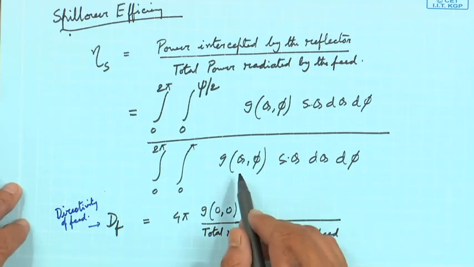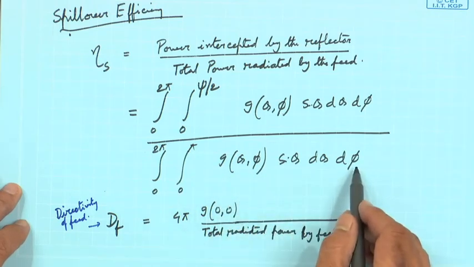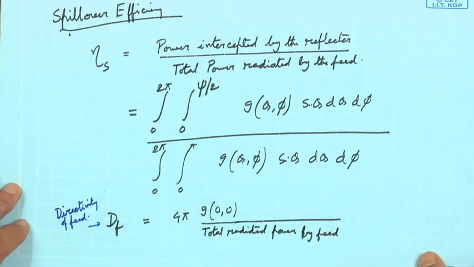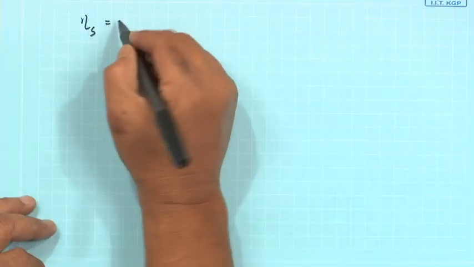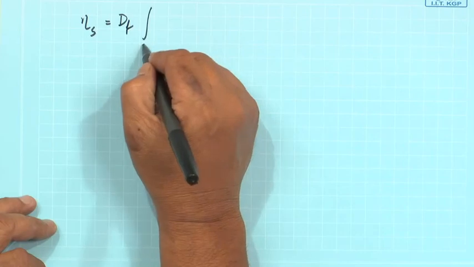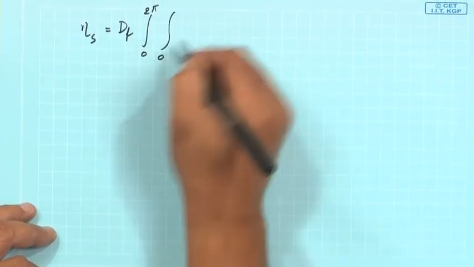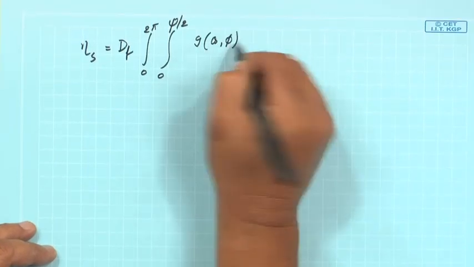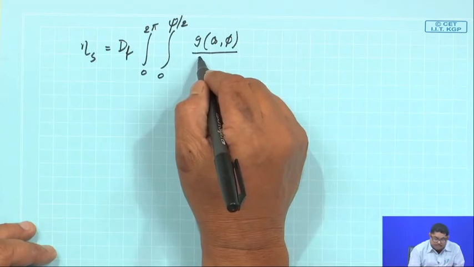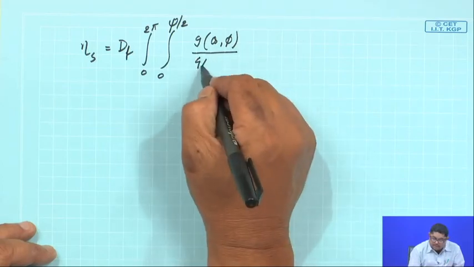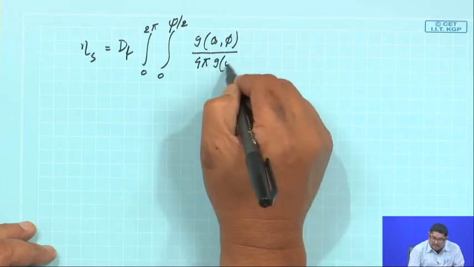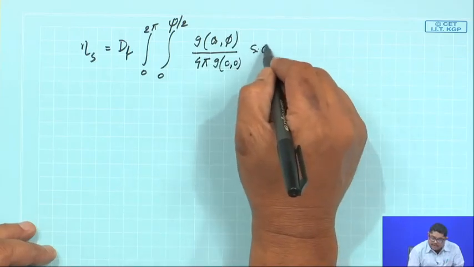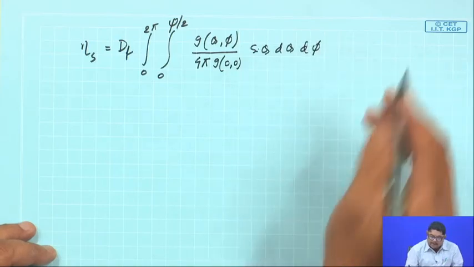So, you see that this is nothing but total radiated power by feed, this denominator. So, can I write that eta s is D f, then 0 to 2 pi 0 to psi by 2 G theta phi by, actually this will come out 4 pi G 0 sin theta d theta d phi.